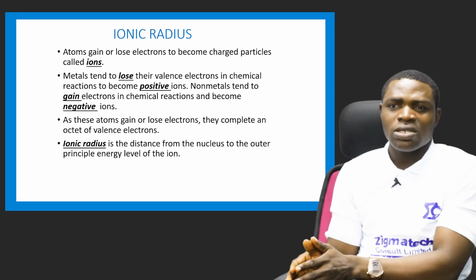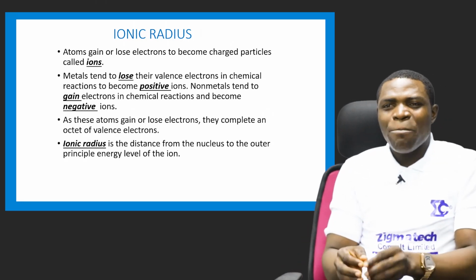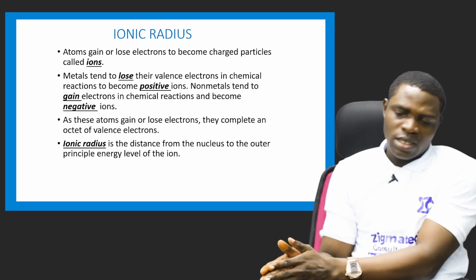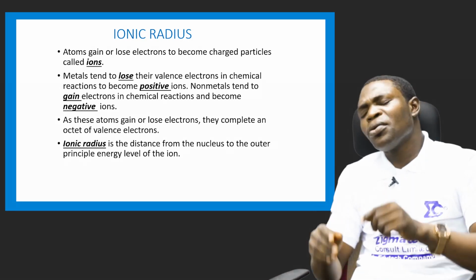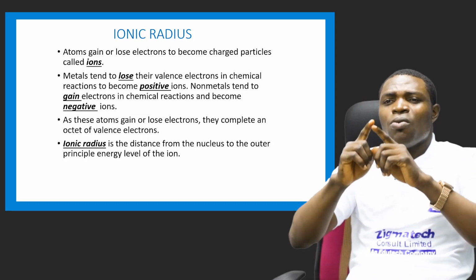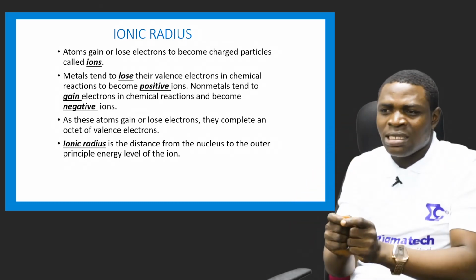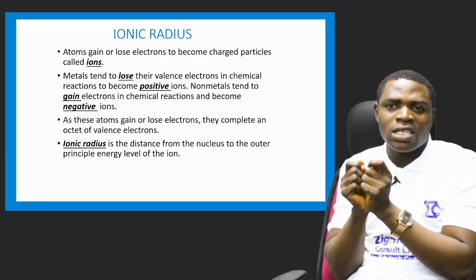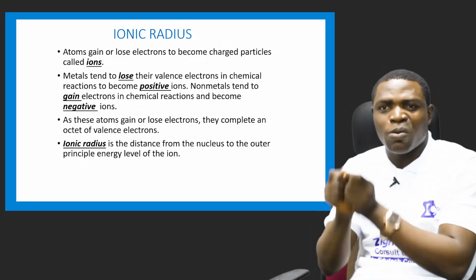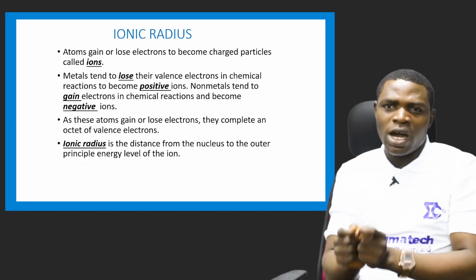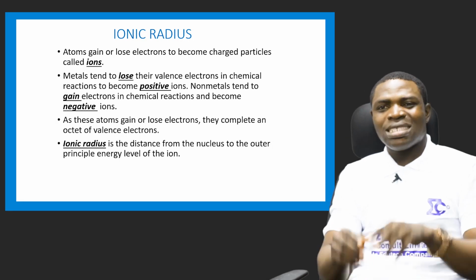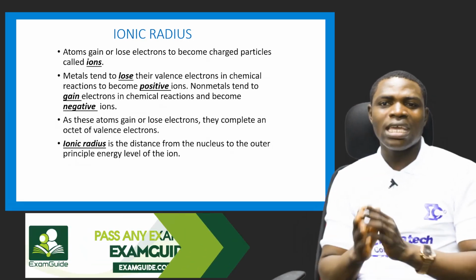Metals and non-metals are stratified based on certain qualities, certain characteristics. One of the most profound and important properties of metals is this I'm about to say. Metals tend to lose their valence electron in chemical reaction.